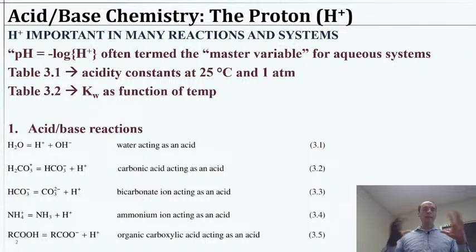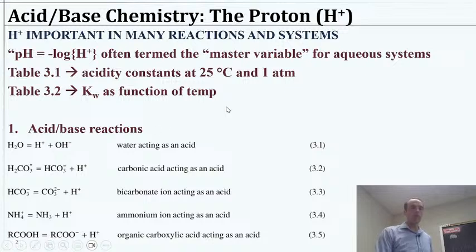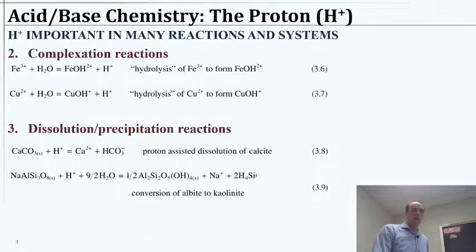So a few examples of where acid-base reactions are important, or the proton rather is important. Obviously acid-base reactions. So we've got several listed here, pretty self-explanatory. It ranges from ammonia situations to organic acids to inorganic and the carbonate system and stuff like that. Another one would be complexation reactions.